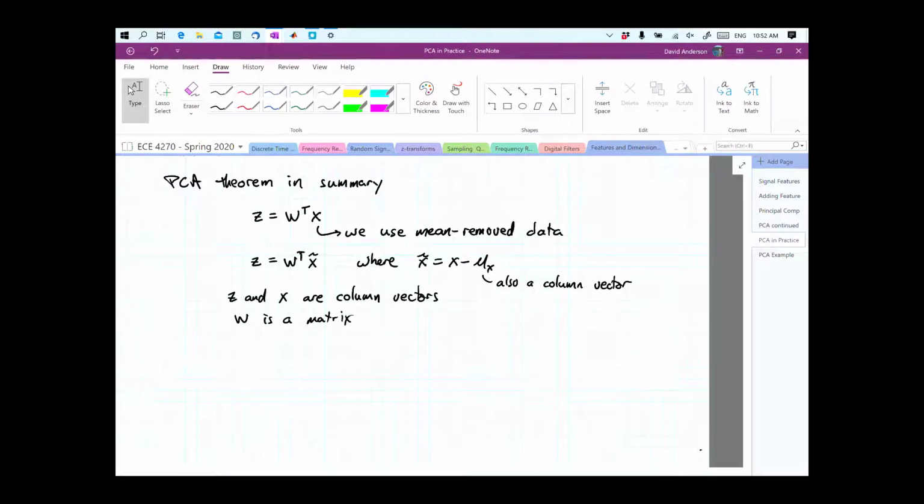So let me look at the second part here, where we are actually just projecting our value into a lower dimensional space. Okay, so that's what we have right here. Project data to lower dimension space.